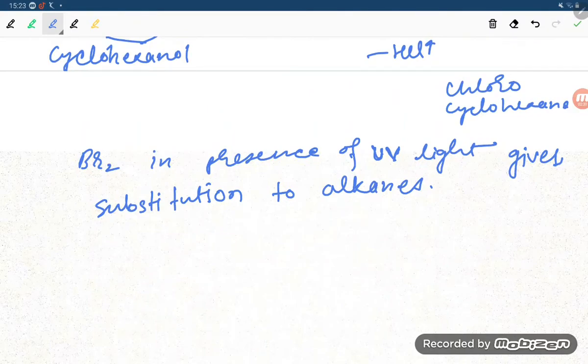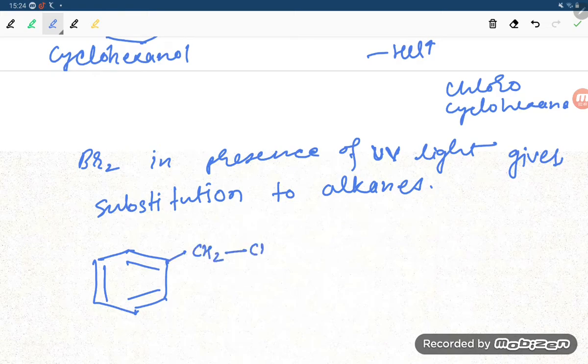Now let us see how the reaction proceeds. The benzene ring is like this, and here is CH2CH3, and here is NO2. Dear student, keep one thing in mind: we are using Br2 with heat, and in the presence of UV light.